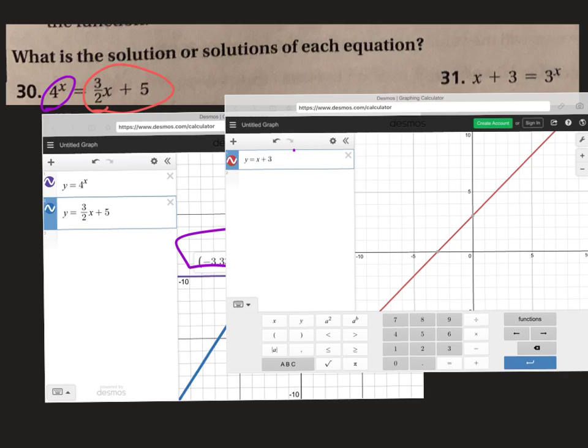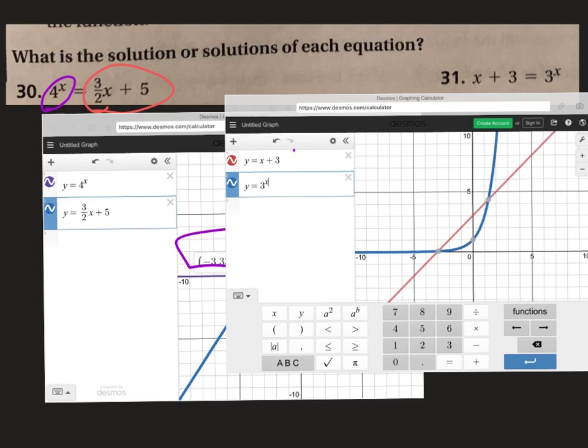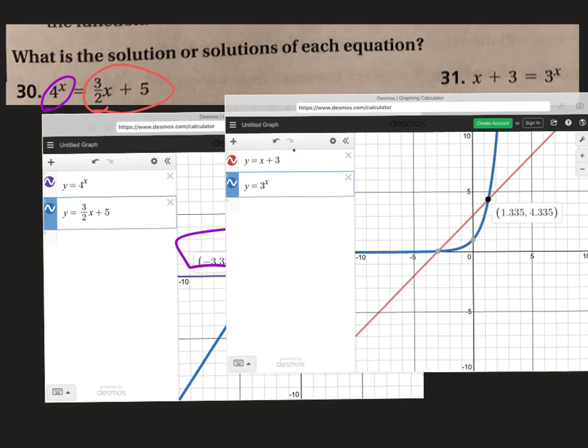And then I'm going to graph the second one, y equals 3 to the x power. Again, this gives us 2 solutions. One there, one there. And those would be your answers.